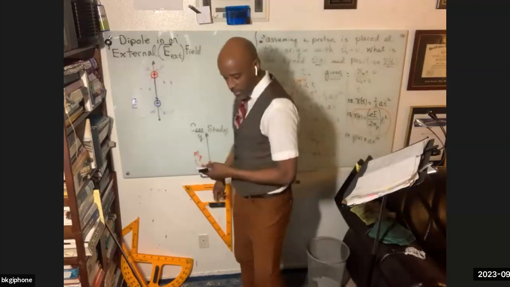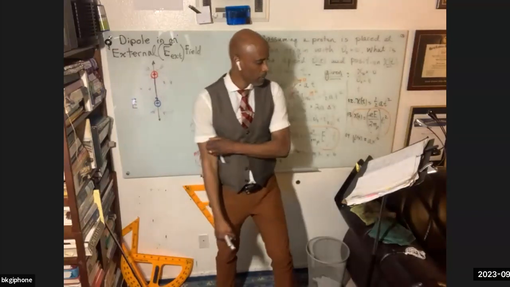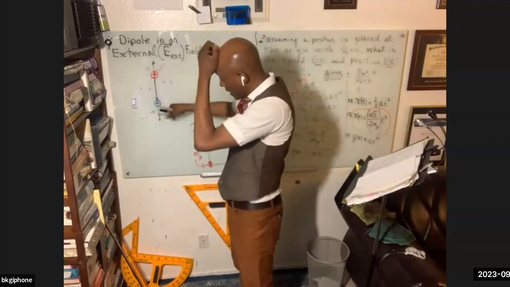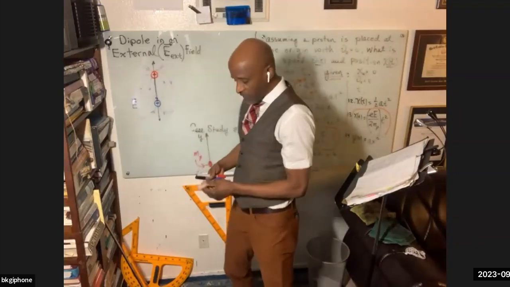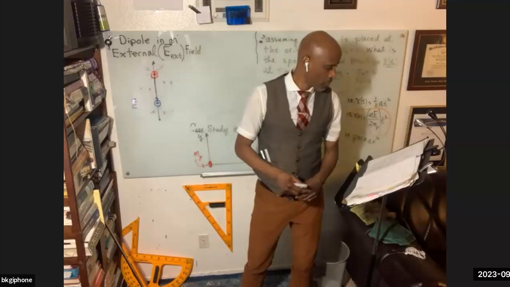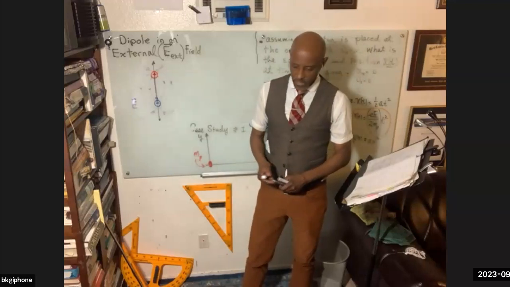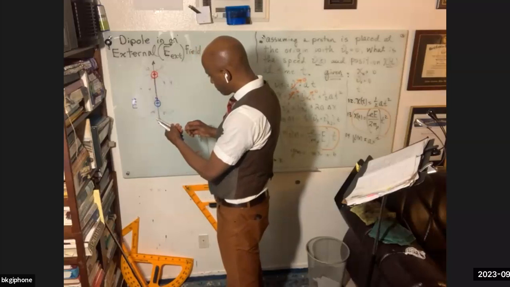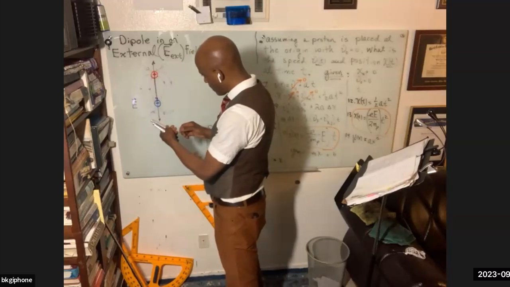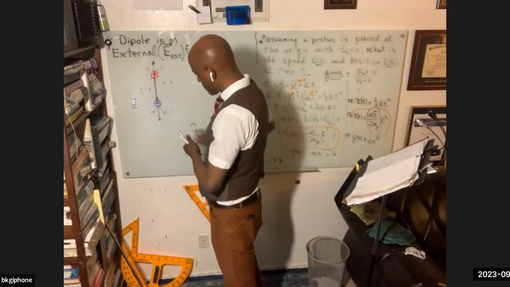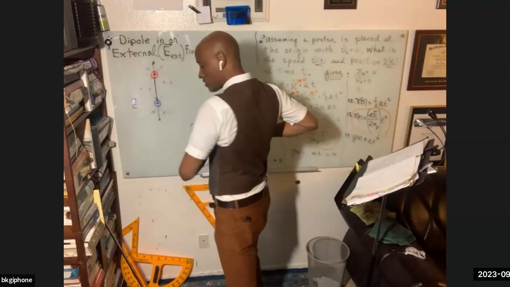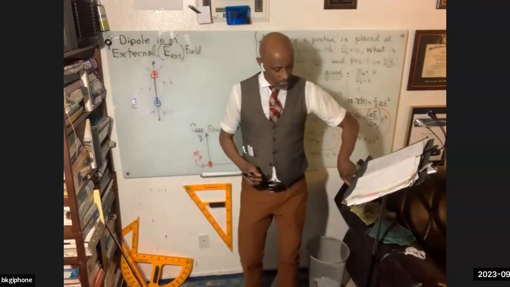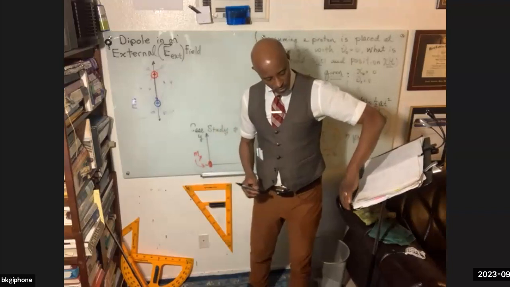But what we found is that the dipole moment, so this is a dipole, but we define something called a dipole moment. Let's make sure we distinguish the distance between the charges. As I said, it's d, but let me indicate that on the diagram.